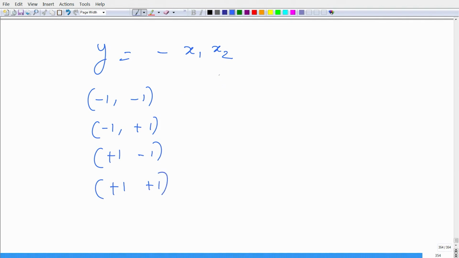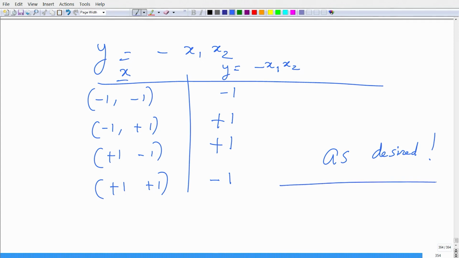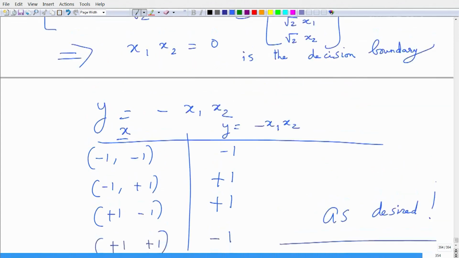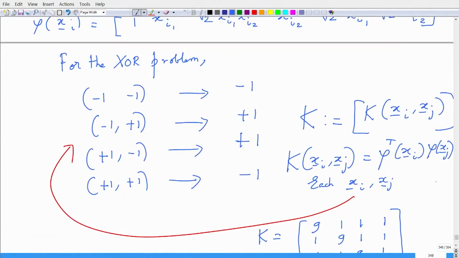So, these are my x's in R2 and these are my responses y computed from minus x1 x2. For minus 1 I get a minus 1, for a plus 1 I get a minus 1, for the other two terms I get a plus 1. This is as desired from my very first step, right. So, I started off with the XOR response in this manner.